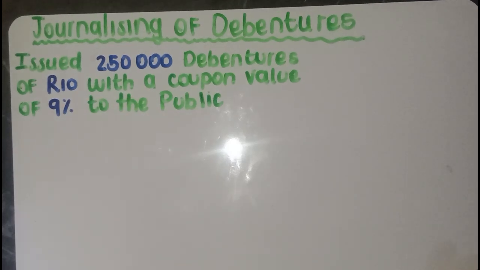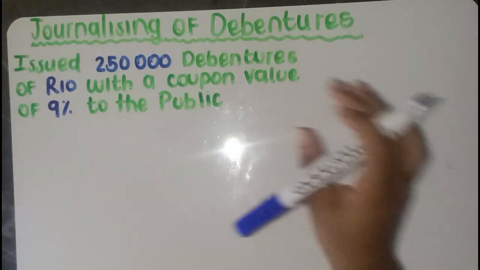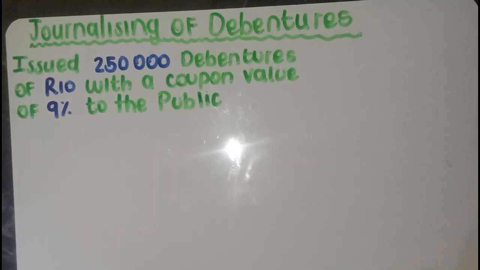So when you're generalizing the issuing of these debentures, you're going to start with bank and your debentures, because money is coming into the business, right? So yeah, so let's start.